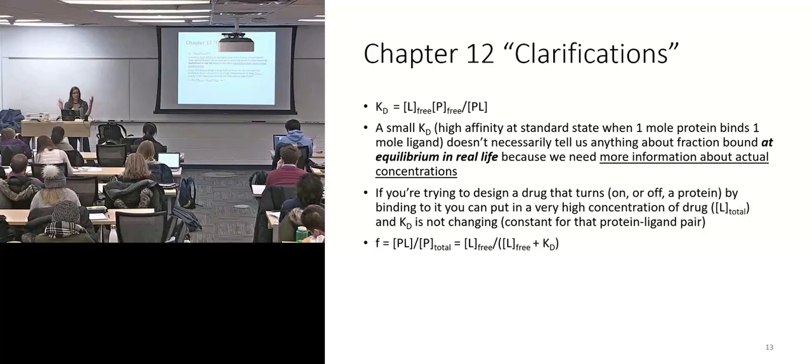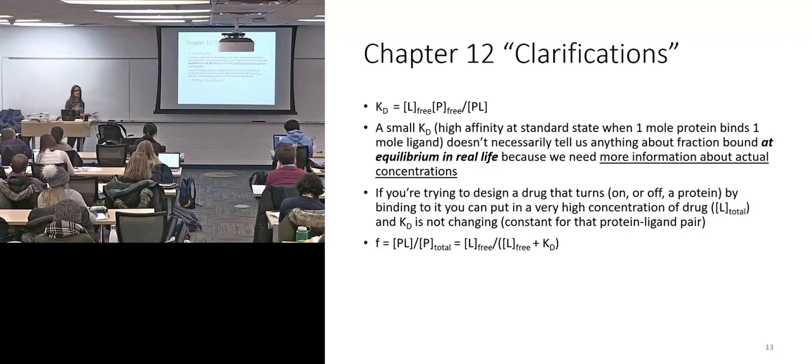Okay, KD is a constant for us given a particular temperature, and it's related to whatever particular protein-ligand pair we're talking about. Okay, you cannot talk about the fraction that would be bound at equilibrium in real life without more information about real life concentrations.